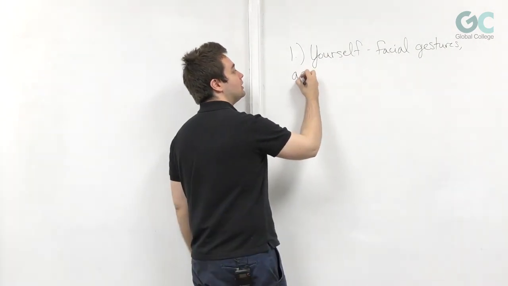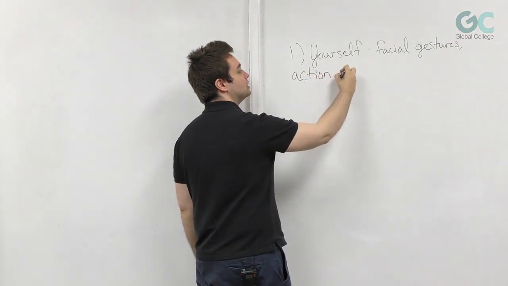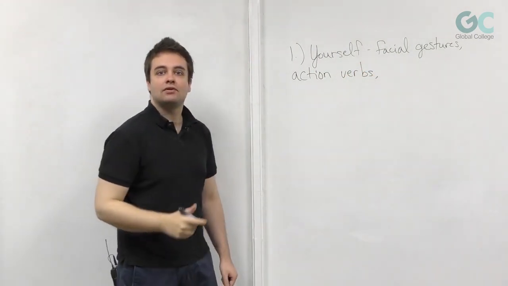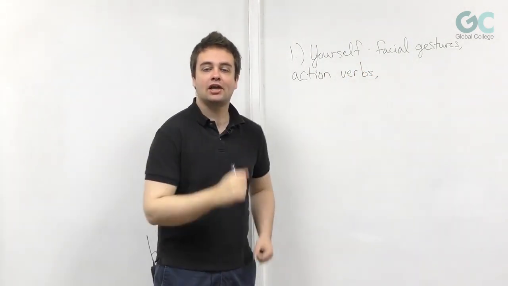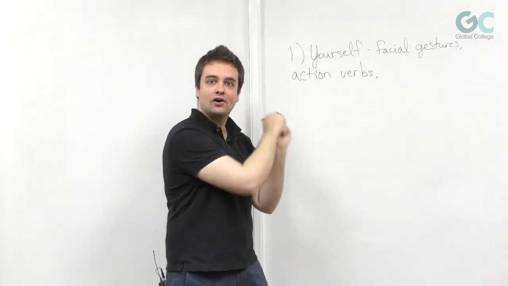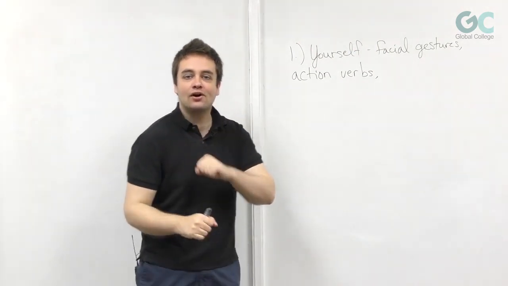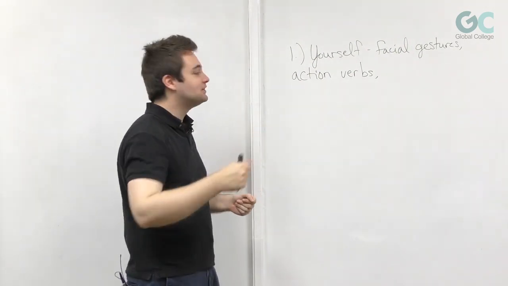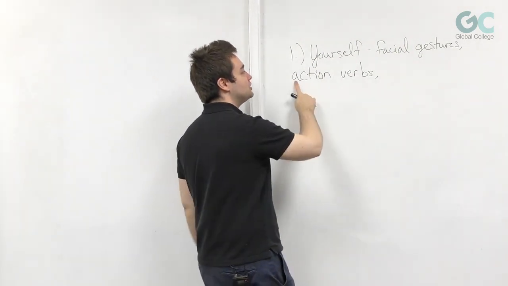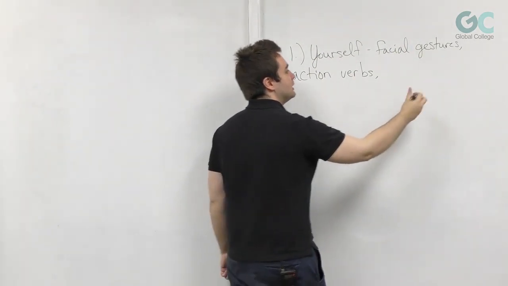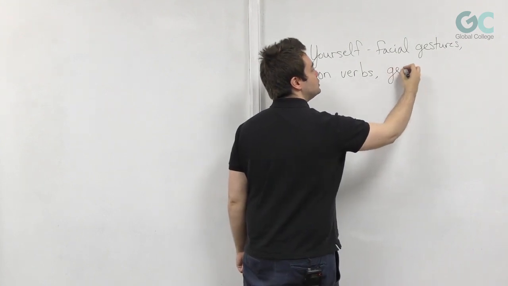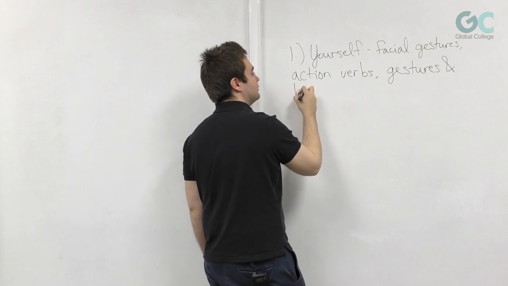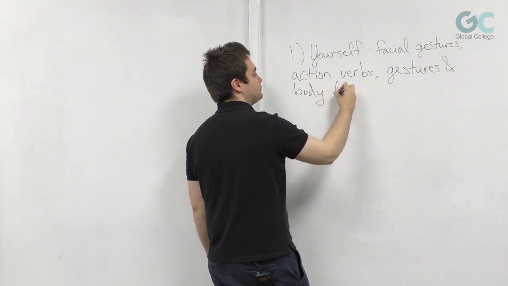You could demonstrate a lot of action verbs just by using yourself, right? You can demonstrate things like jogging and playing baseball and kicking a soccer ball, all those kind of things. Fishing, maybe that makes sense, I hope. Anyhow, so facial gestures, action verbs, and of course just general gestures or body language, right?